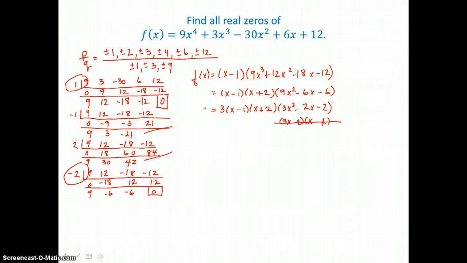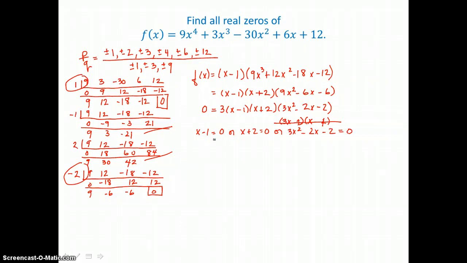This polynomial f is completely factored now, and I want to let f of x or y equal 0 and use the zero product property from here to find all my real zeros. So I'll let x minus 1 equal 0, or x plus 2 equals 0, or that trinomial 3x squared minus 2x minus 2 equals 0.